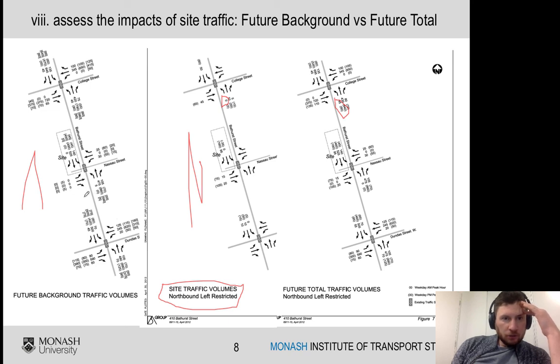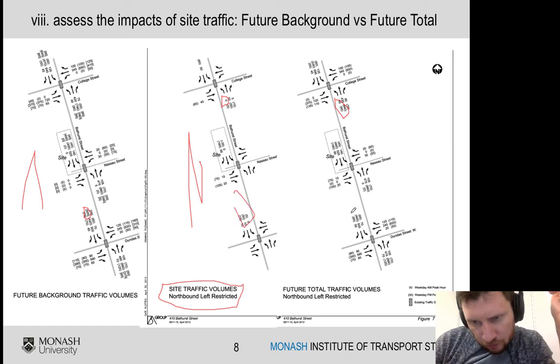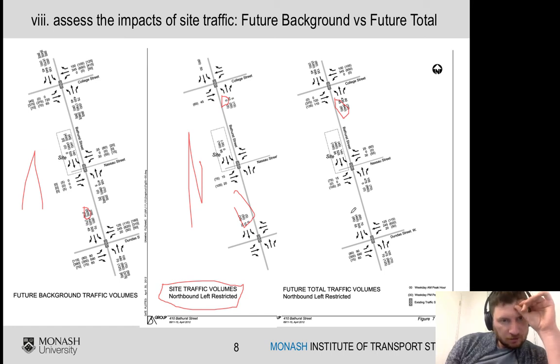But we're going from future background of what is that? 420 plus 10 is 430, so not a huge change. Again, let's have a look in the PM. That's going to be a bit bigger. 50 going south there. 505 plus 50 equals 465. Oh, someone's done some interesting maths there.